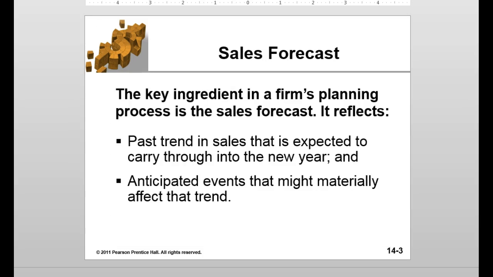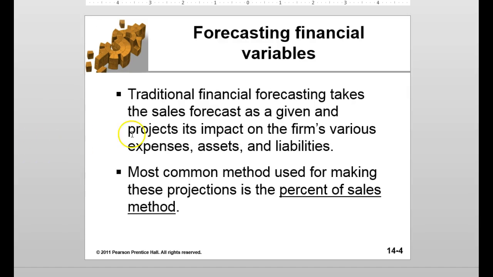So the key ingredient to all of this is the sales forecast, because it's going to be reflected in past trends in sales that are expected to carry out into the new year, and new events that may happen that may increase those sales, or possibly even lower those sales.